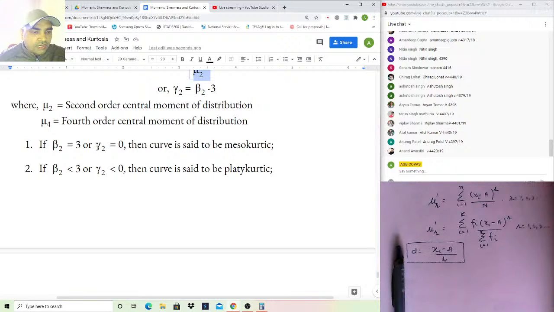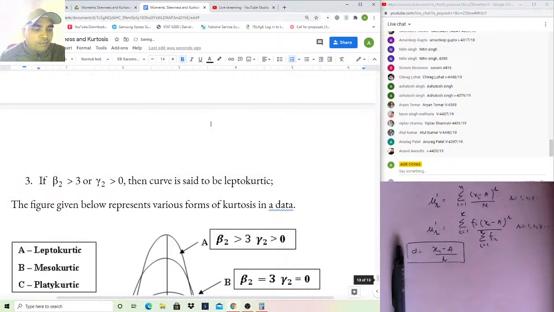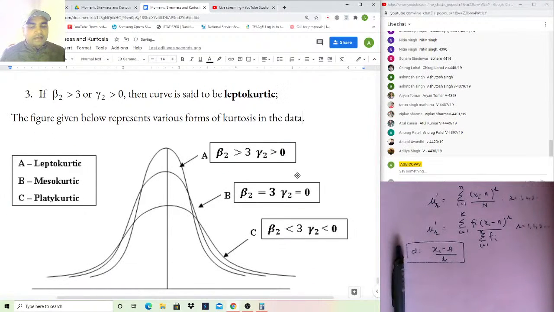When beta 2 is equal to 3 and gamma 2 is equal to 0, then the curve is normal and is known as mesokurtic. When beta 2 is less than 3 and gamma 2 is less than 0, it is said to be platykurtic. And when beta 2 is greater than 3 and gamma 2 is greater than 0, then the curve is said to be leptokurtic.